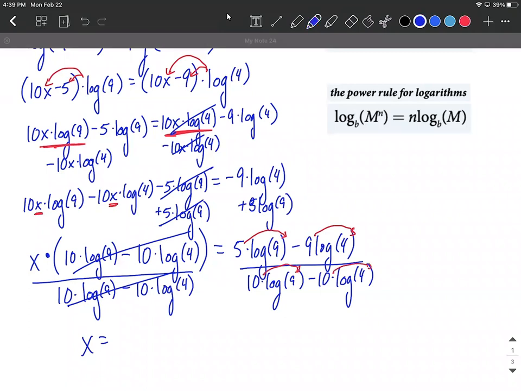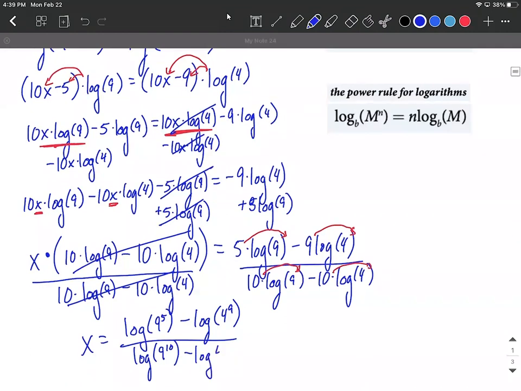So that's going to give us log of 9 to the 5th power minus log of 4 to the 9th power over log of 9 to the 10th power minus log of 4 to the 10th power.